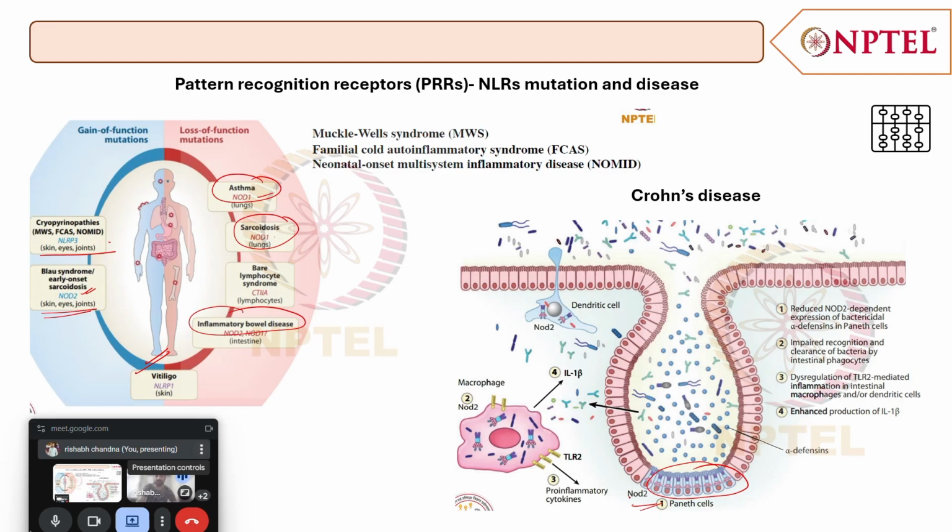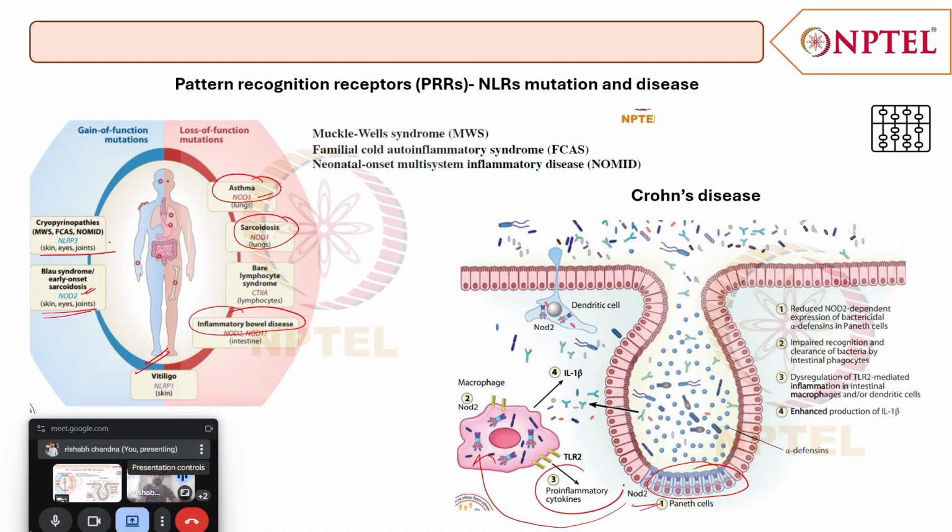Okay, so now what will happen? It will not be able to activate the macrophages for the clearance of the intestinal phagocytes. And then what will happen? It dysregulates the TLR2 mediated inflammation in intestinal macrophages and dendritic cells.